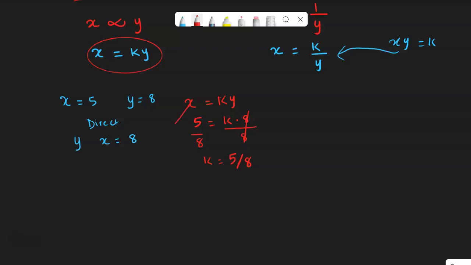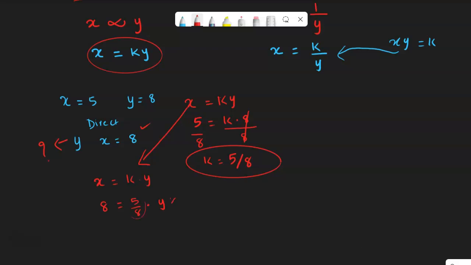Write that expression one more time. x is equal to k times y. What is our question? We need to find y. You have x, and now you have k also. Plug it back here: 8 is equal to 5 over 8 times y. We need to find y, correct? So you need to eliminate this 5 over 8.